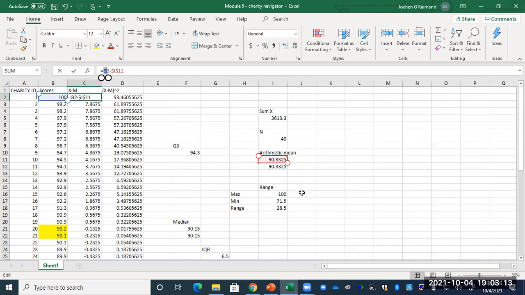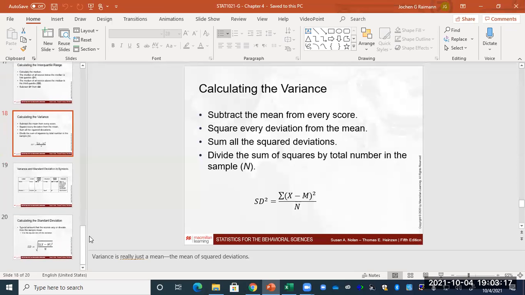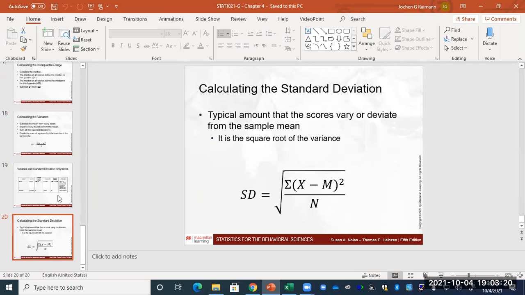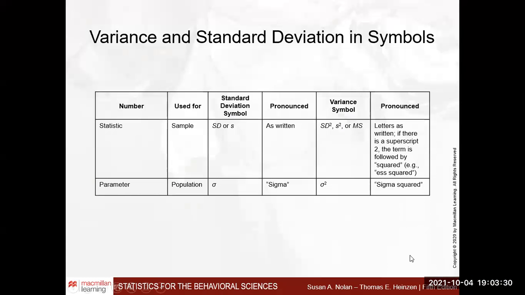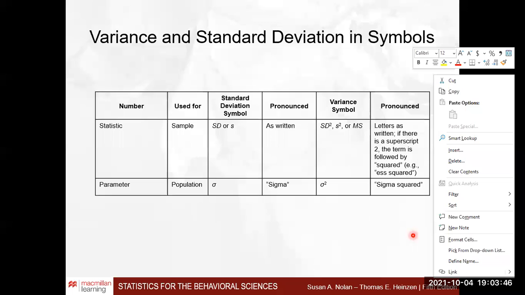Okay, let's do that. The last thing I wanted to show you: you remember how we have the population mean as the mu, and we have the sample mean as capital M. We have the same situation here with the standard deviation.